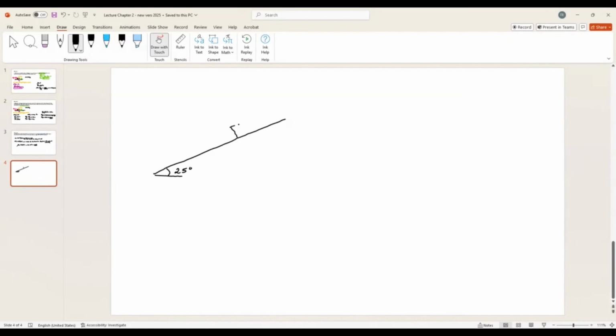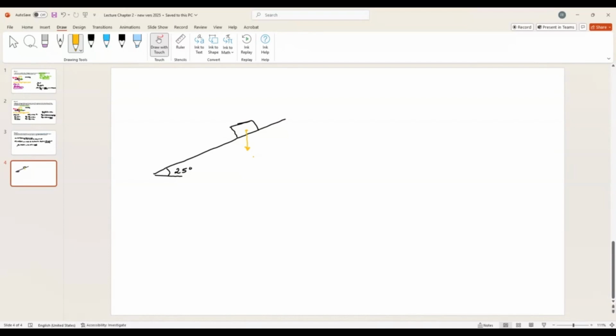We have the block here at the top of the inclined plane. And now we have that the weight is acting like this, so vertical, downward.